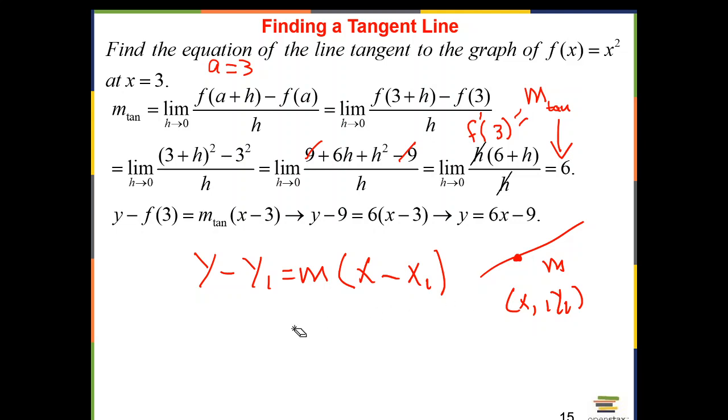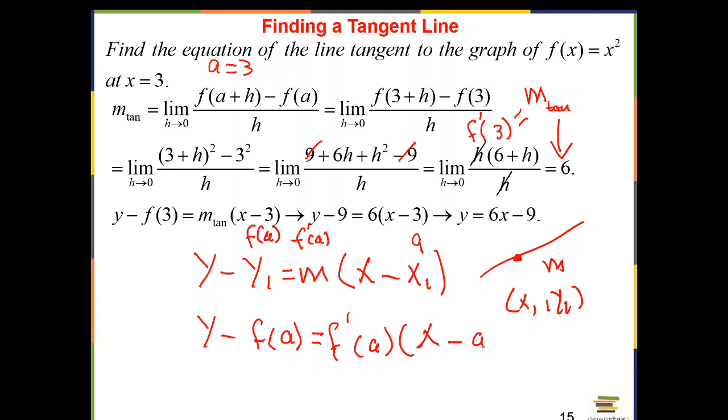So in calculus, we use the same thing, except x1 and y1 are actually a and f of a, and our m is actually f prime of a. So the way we write it is y minus f of a equals f prime of a times x minus a.